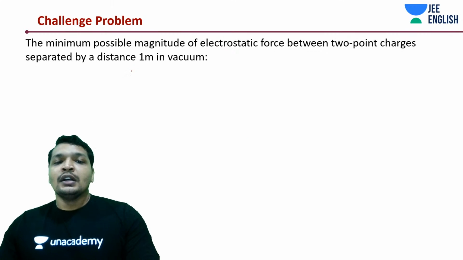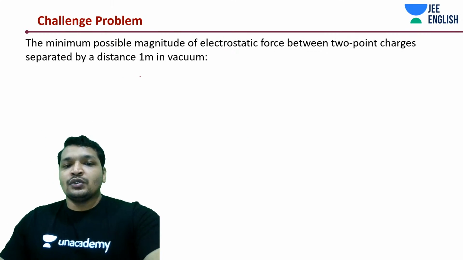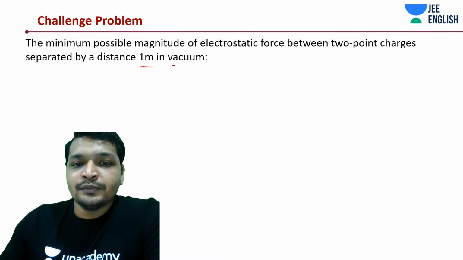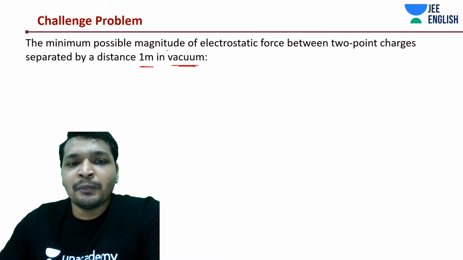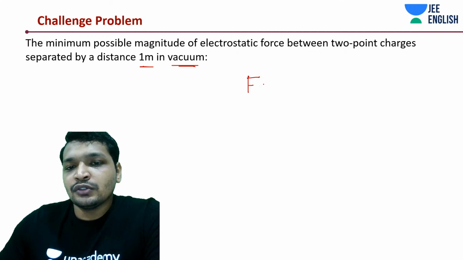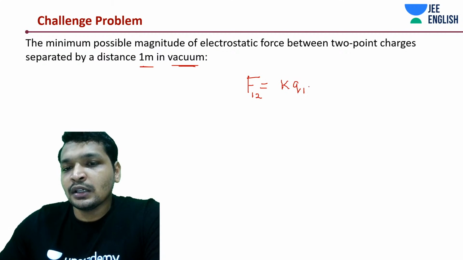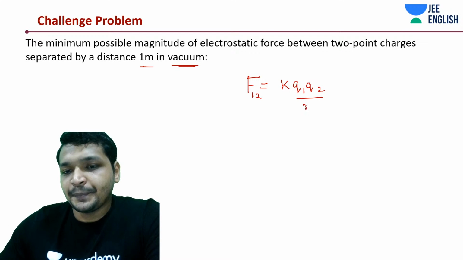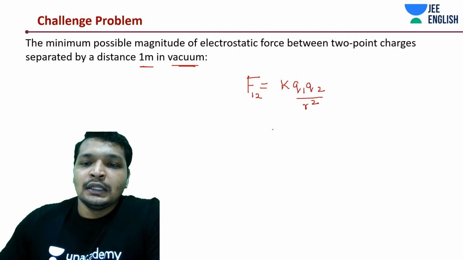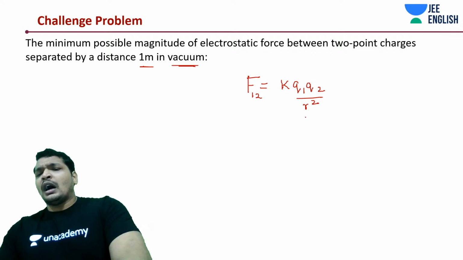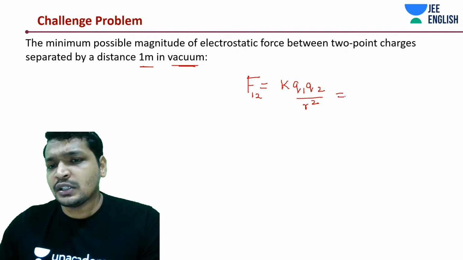So yes, they are separated by 1 meter in vacuum. That is fine. What is the minimum possible force? If I'm talking about electrostatic force, it is going to be between two charges Q1 and Q2. So it's going to be K into Q1 Q2 by R square. Now R is fixed, R is 1 meter.